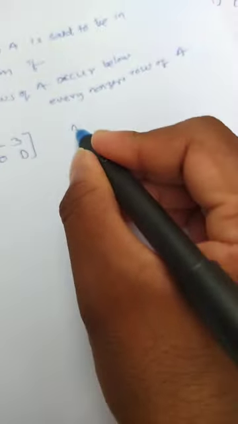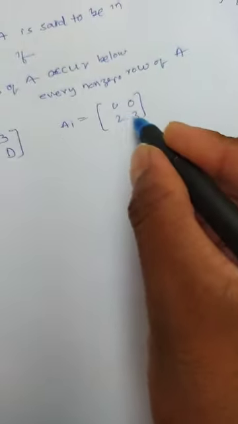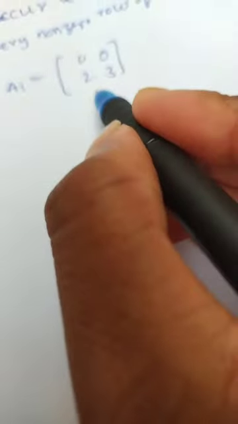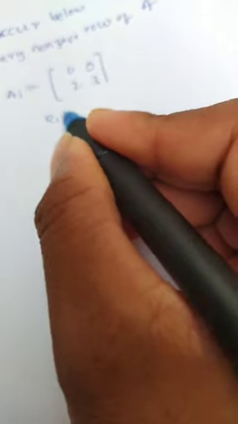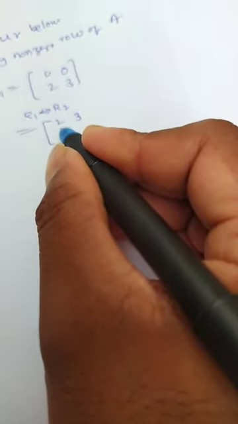This is the first condition for echelon form. Suppose I am taking another matrix, with first row 0, 0 and second row 2, 3. Now see here, the 0 row is occurring above the non-zero row. So this is not satisfying the first condition of row echelon form. To convert it to row echelon form, we have to use a row operation. Interchange R1 and R2. Then the first row becomes the second row and the second row becomes the first row.